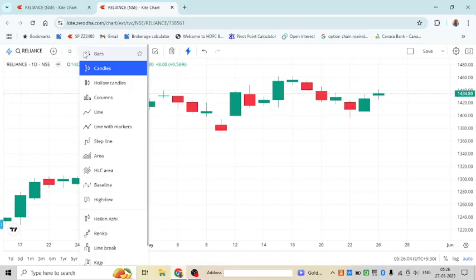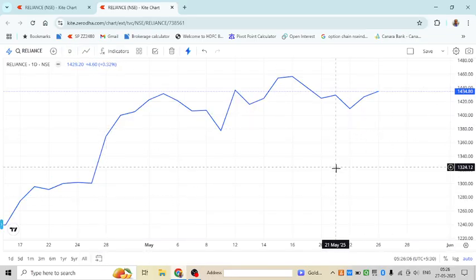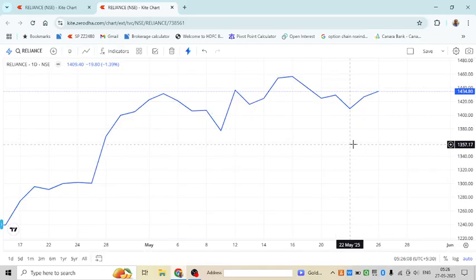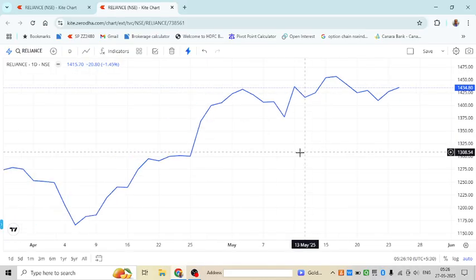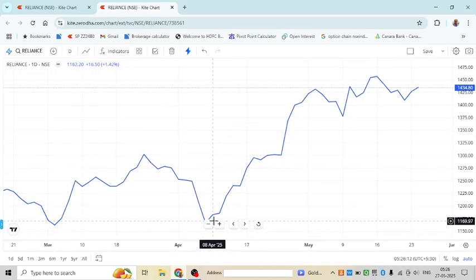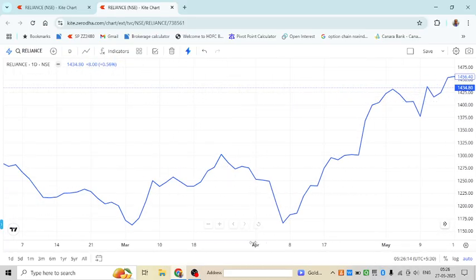Now let us go again with the line chart. In the line chart, suppose this point is a low. Next day, the close is on the higher side.